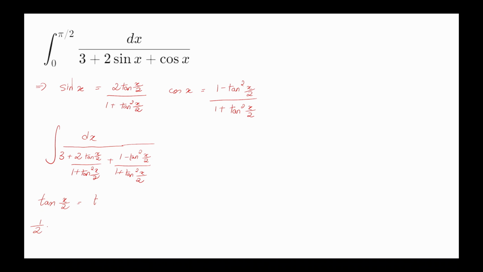So I would have 1 by 2 sec square x by 2 as dt. From here, what is 1 plus tan square x by 2? It is sec square x by 2. So I can take this in the numerator by taking the LCM, and then replace tan x by 2 with t and dt.